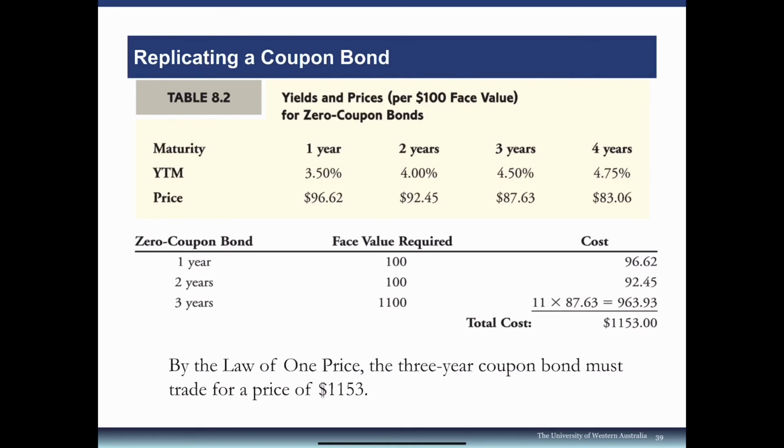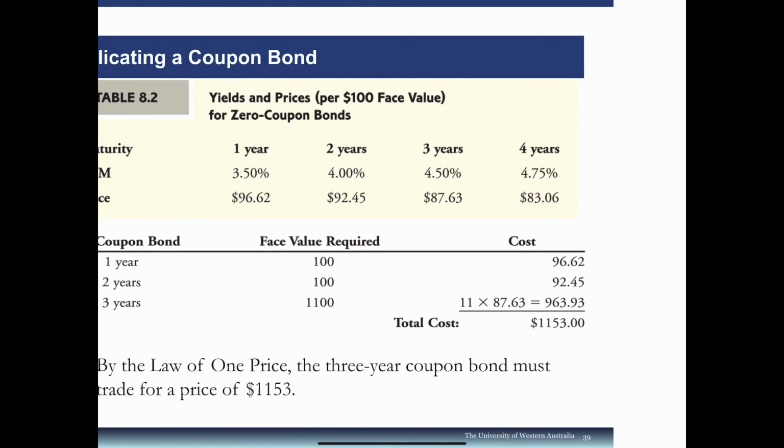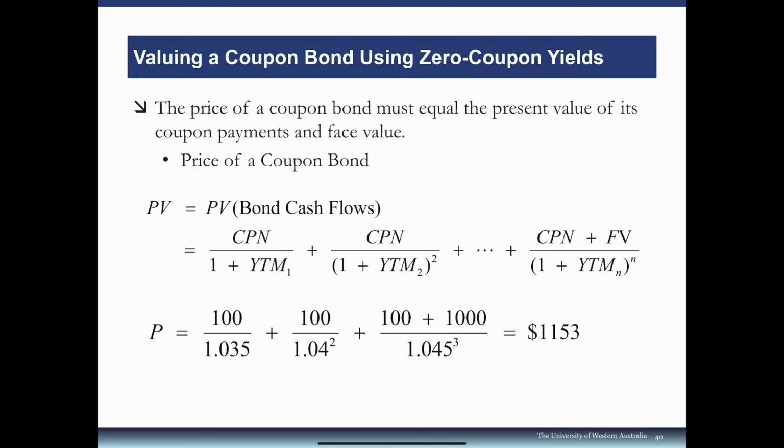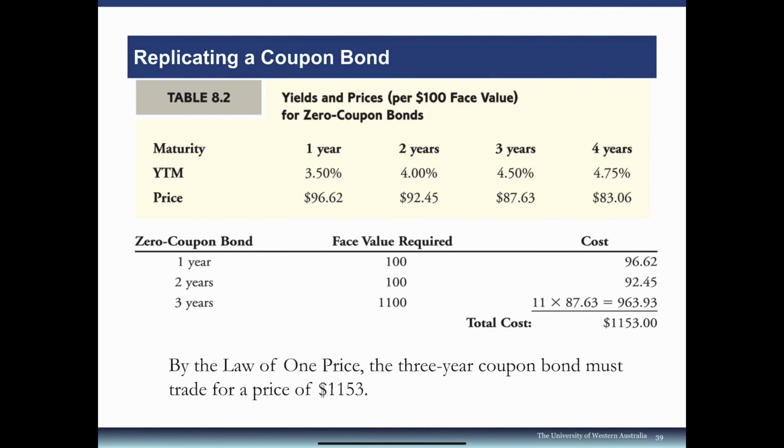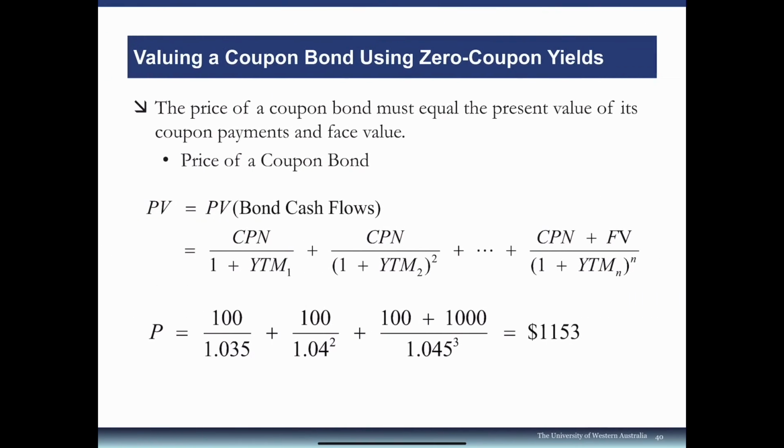For 2 years, 4% means 4% every year for 2 years, right? So you can also use that to work it out: 100 over 1.04 squared, and the third year will be 1100 divided by 1 plus 0.045 to the power of 3, where 4.5% is the 3-year rate. And that also gives you 1153. Not a surprise that it's the same answer as before.